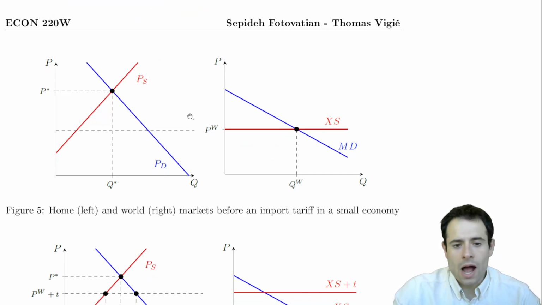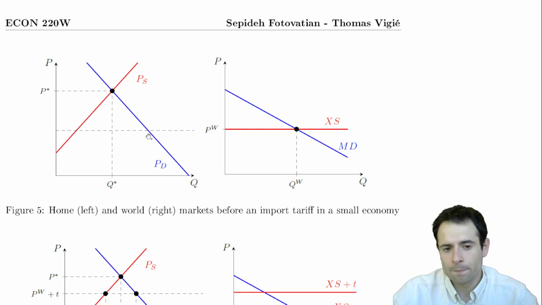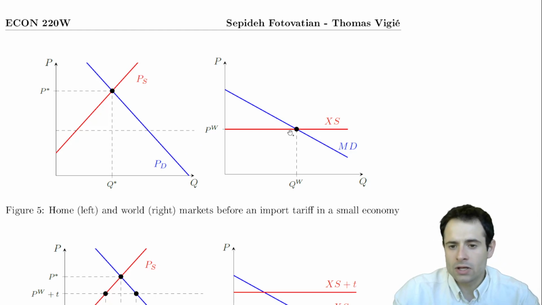At PW, our home country is importing. This is why they impose an import tariff. The export supply curve is perfectly elastic. It's horizontal because a small open economy will take it as given and have no influence on it. The home country has its import demand, and where they meet, we obtain the world equilibrium, the world price PW and the world quantity QW.